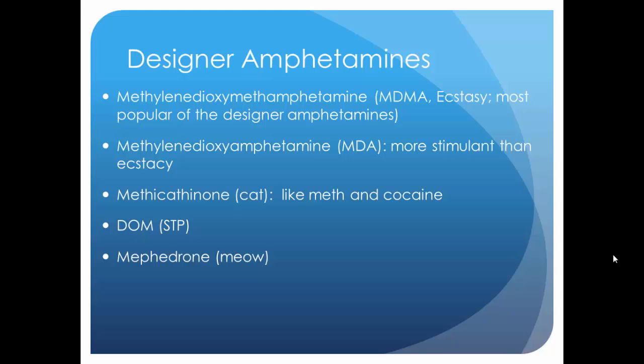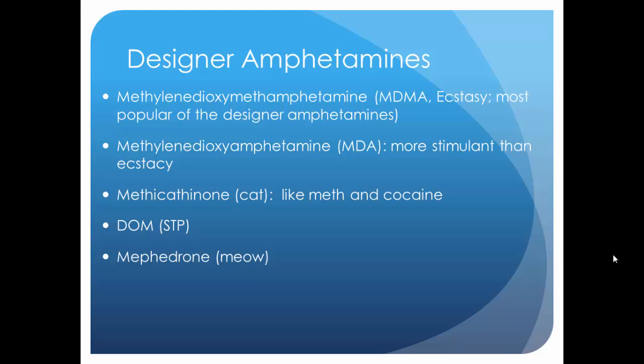And mephedrone is illegal to consume, manufacture, or possess under the Substance Analog Enforcement Act of 1986, which makes illegal any substance that is similar in structure or psychological effect to any substance already scheduled, if it is manufactured, possessed, or sold with the intention that it be consumed by human beings. So that is how designer amphetamines or designer drugs in general are illegal through this Analog Enforcement Act.